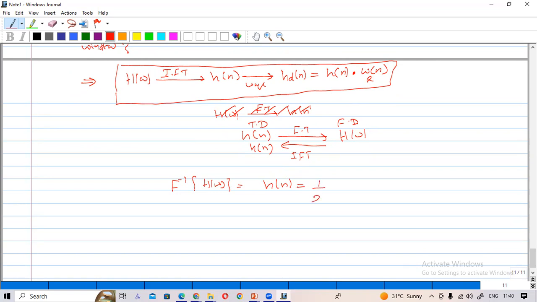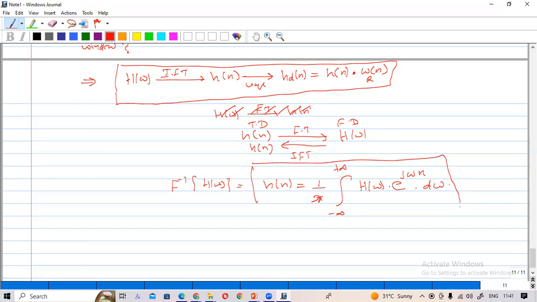So it is like this: 1/2π integral from minus infinity to plus infinity of H(ω) e^(jωn) dω. This is the inverse Fourier transform definition.